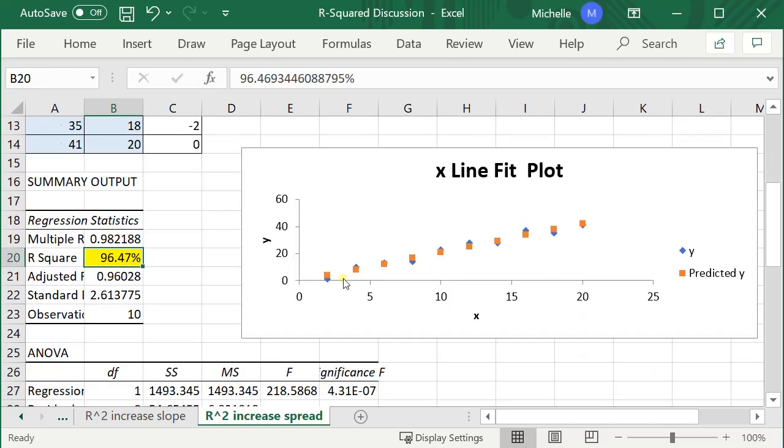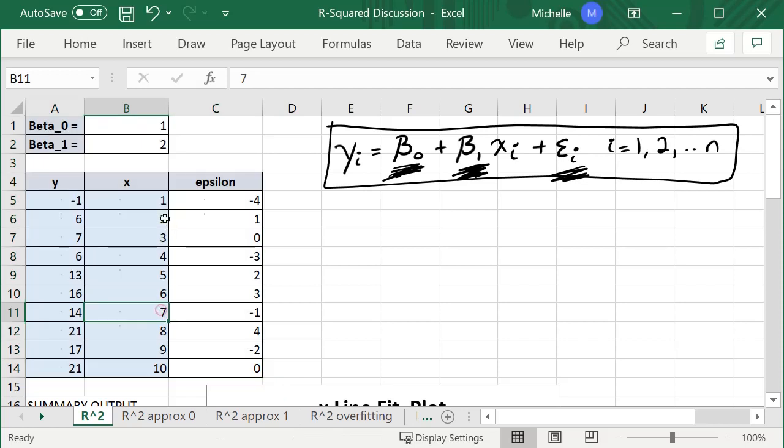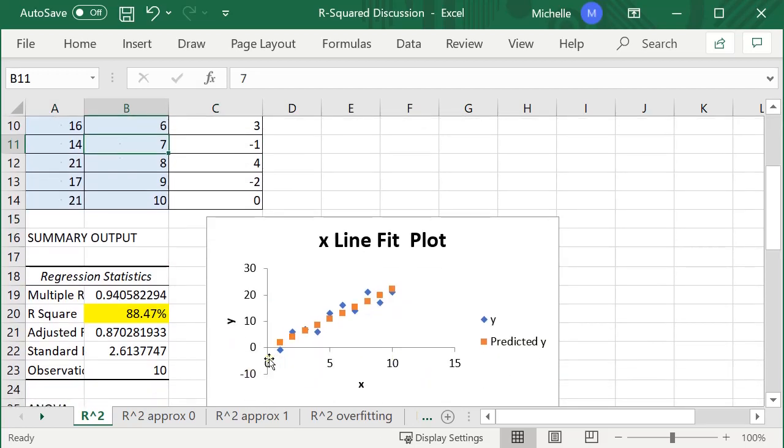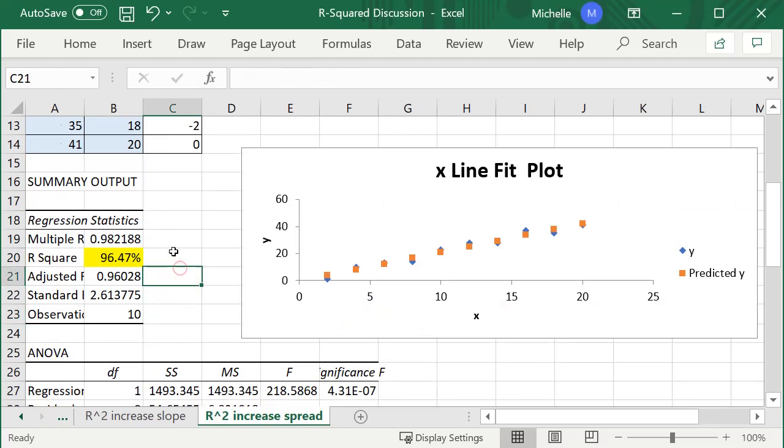So this model is not a better fit, and yet it has a much higher r squared than when our data only went from 0 to 10. Okay, and that's another limitation of r squared: when you have a larger spread of your x values, you're going to see a potential artificial increase in your r squared, and that's not necessarily due to the model doing a better job or having a better fit of the data.